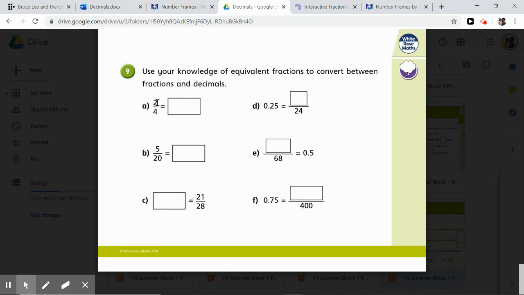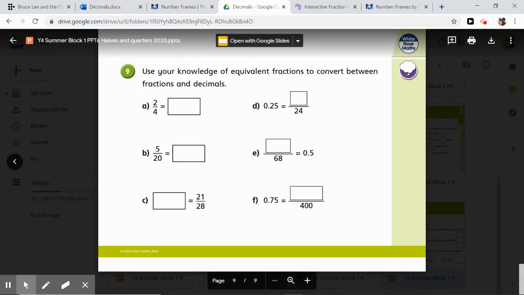So if I look at this one, A, what is the relationship between 2 and 4? For B, what is the relationship between 5 and 20? Maybe you can count up in 5 until you get to 20. Because it's not as easy as just quarters, halves, and 3/4 when you get to challenge 3.